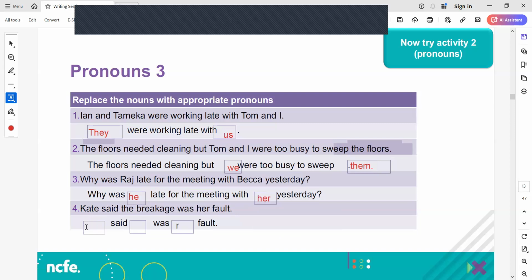So Kate, she said, so the breakage. It. It, well done. It was her fault. Good. Well done. Perfect.